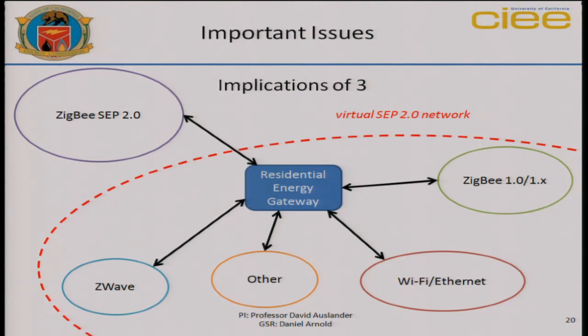So you could have some display here which sees all of the elements in ZigBee in this network, but also views any kind of smart appliance that's communicating natively over Z-Wave as some virtual device.